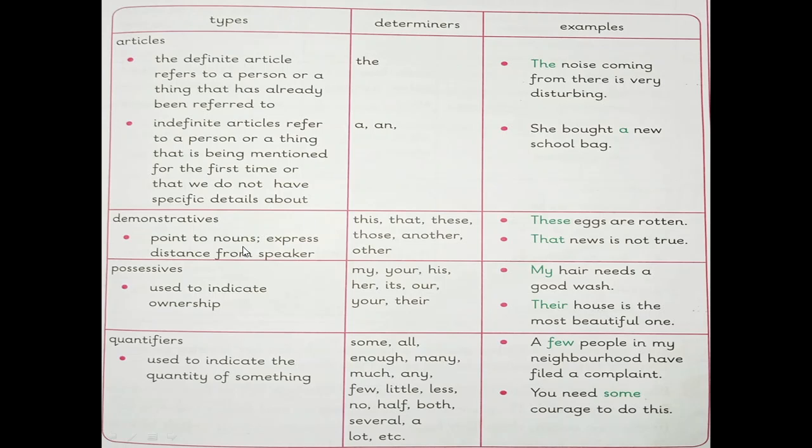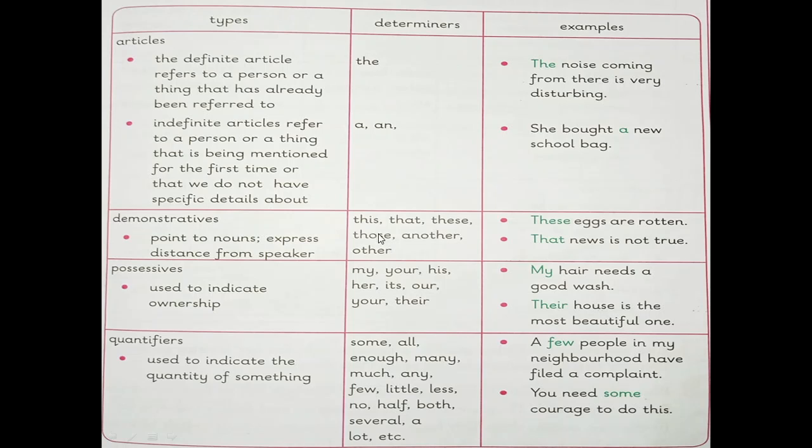Now coming to the next type of determiner, students, which is demonstrative. As the word says, demonstrate, it points to a noun and expresses a distance from the speaker.